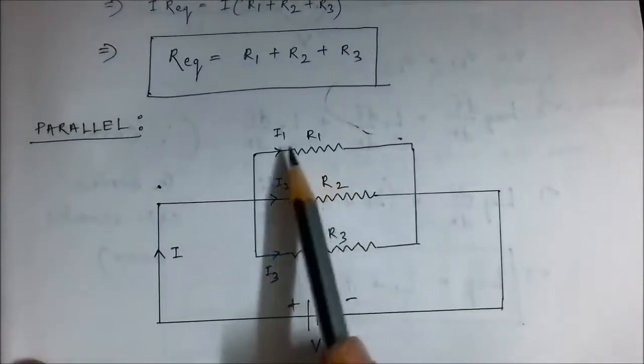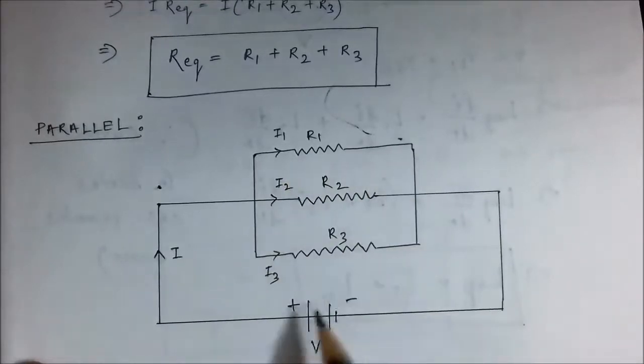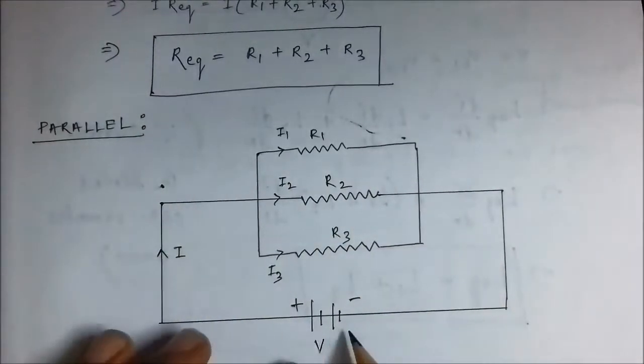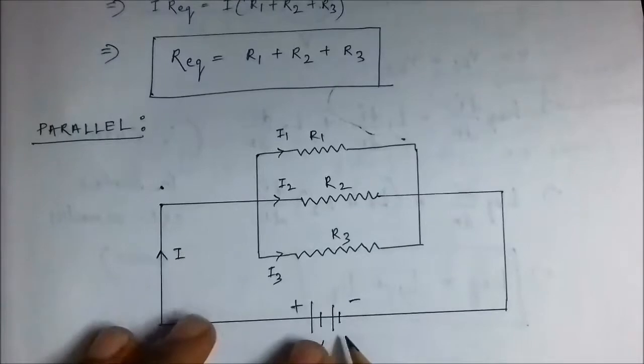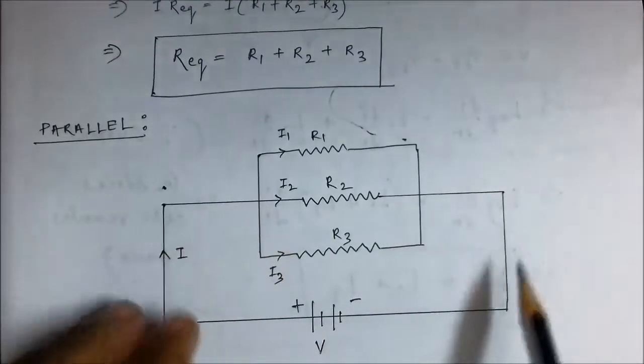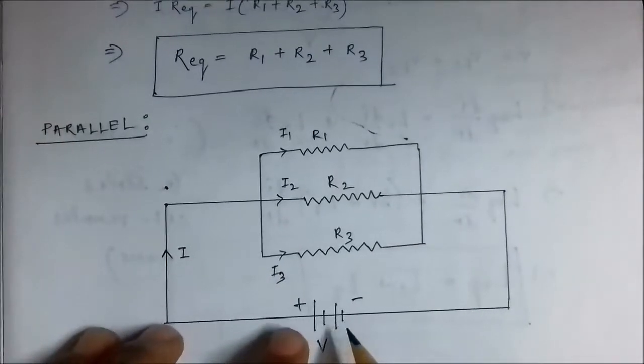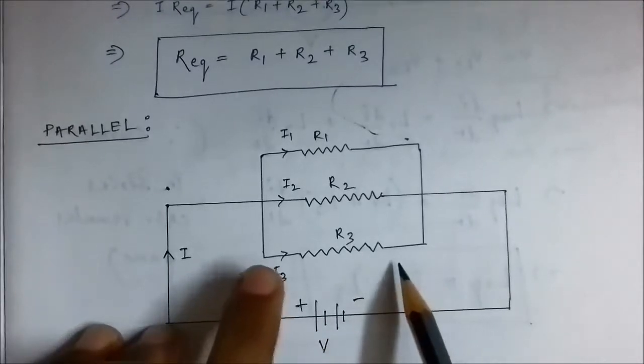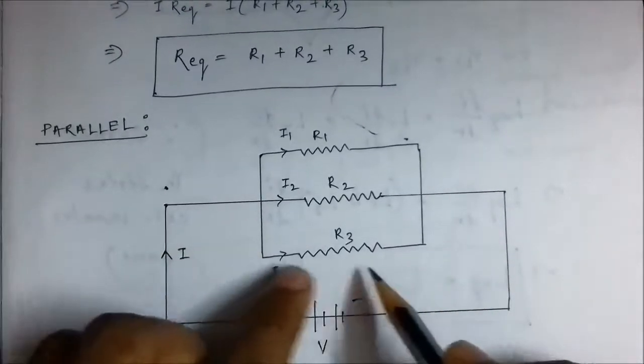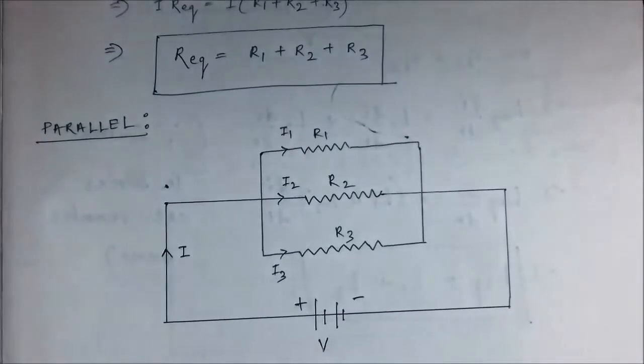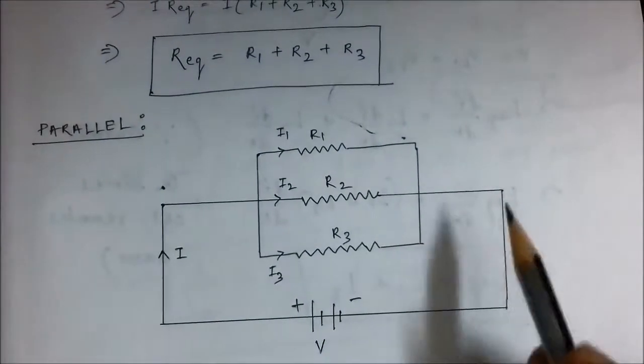Here see, this resistor has its two ends connected to the two ends of the voltage source, same two ends of the voltage source. This has also got its two ends connected to the same two ends. This also has its two ends connected to the same two ends of the voltage source.